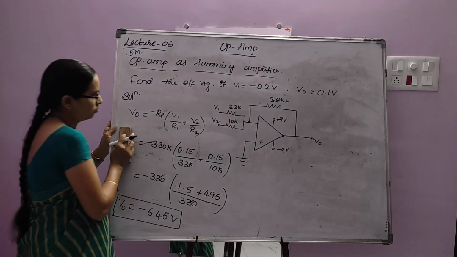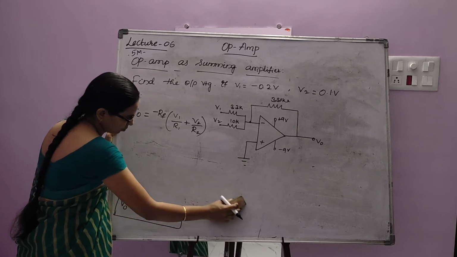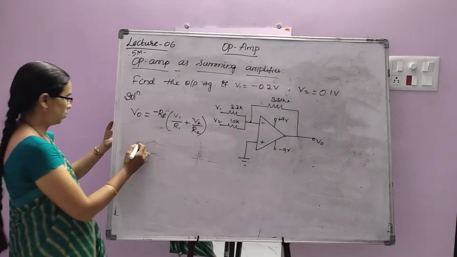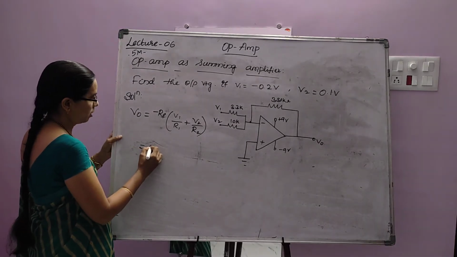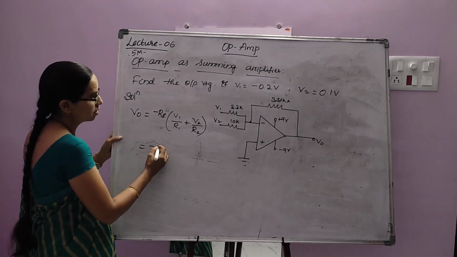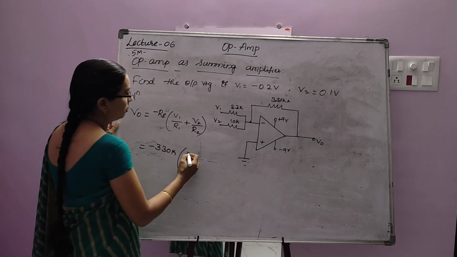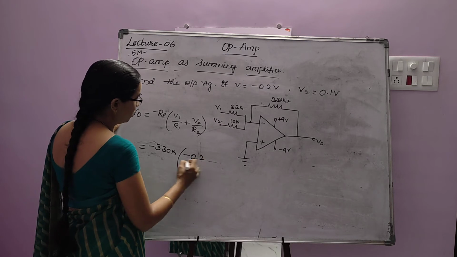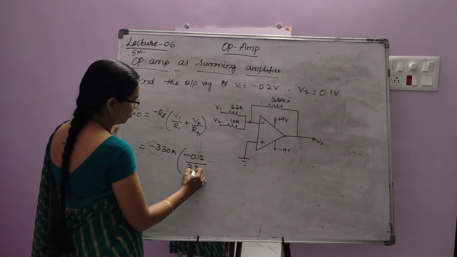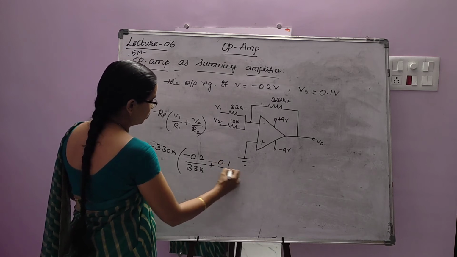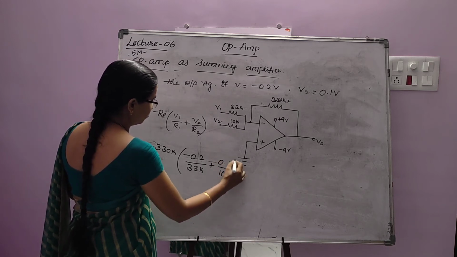Start doing the problem. Same formula. Minus 330 kilo, V1 is minus 0.2 divided by 33 kilo plus V2 is 0.1 volt divided by 10 kilo.